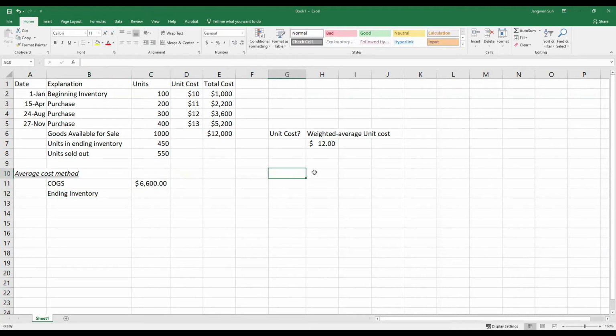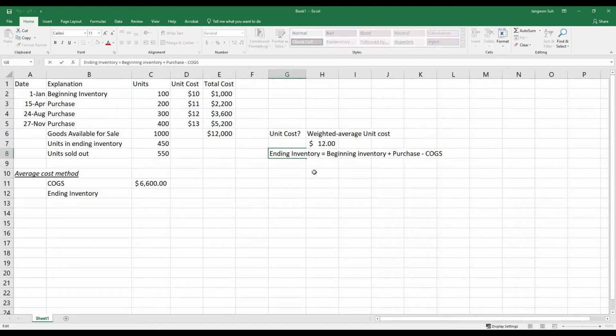As we've discussed in the previous video, your ending inventory equals beginning inventory plus purchase minus cost of goods sold.